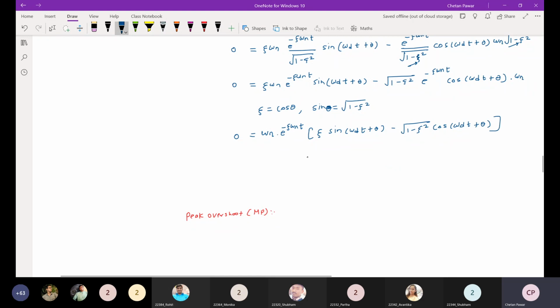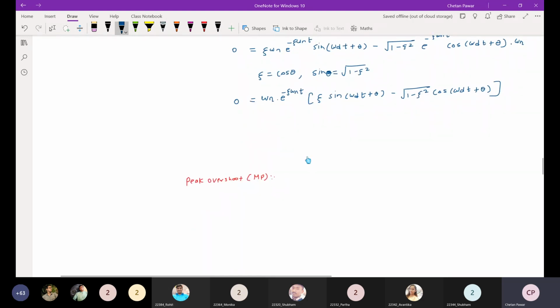Okay. So if you simplify this particular term, that will be like sin a minus b. Yes, here you had to put cos theta, so this is cos theta, and root of 1 minus zeta square is sin theta.